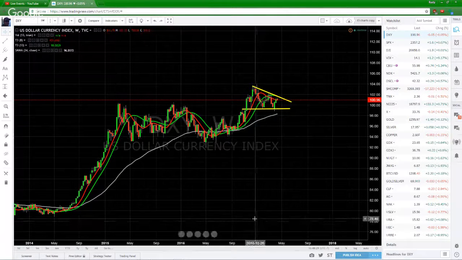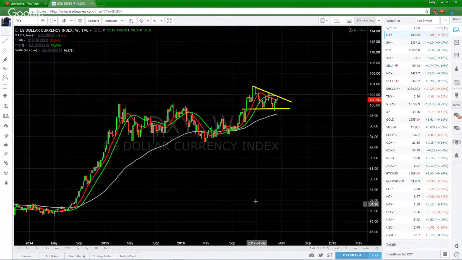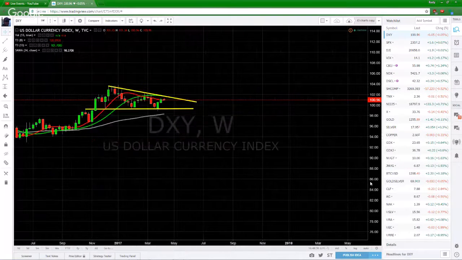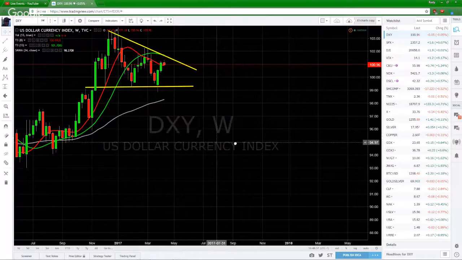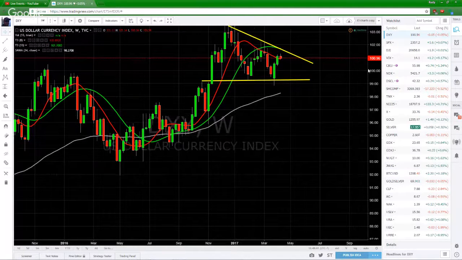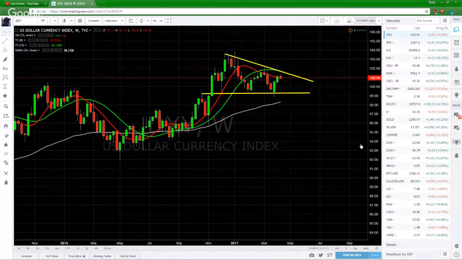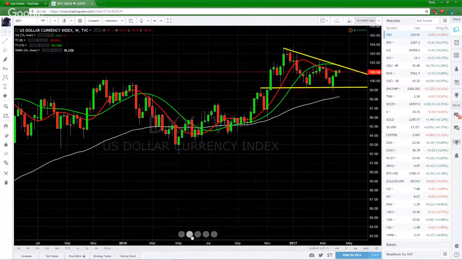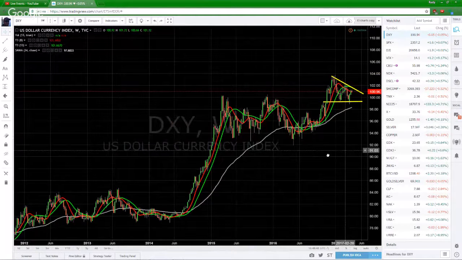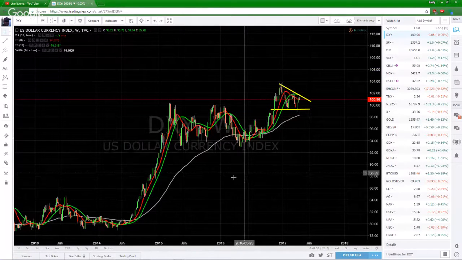Other than that, I'm just using candles. Candles, candles, candles. Learn your candles. There's about 11 formations that you need to learn. They're called reversal bars. If you learn those reversal bars, you'll know what's going on. I can take all these visual aids off and just use candles.